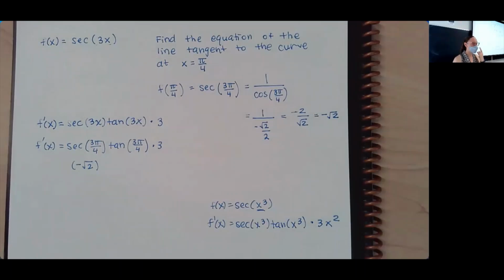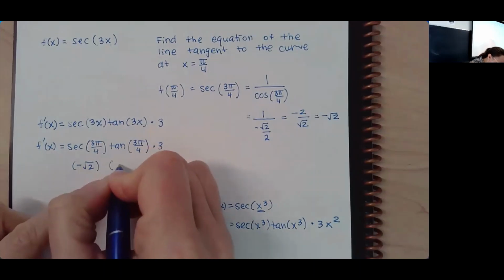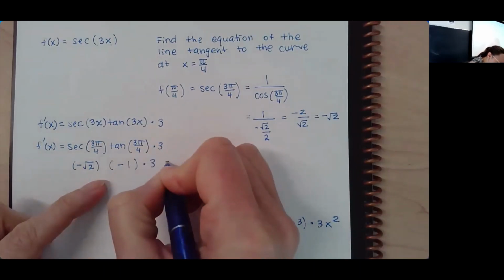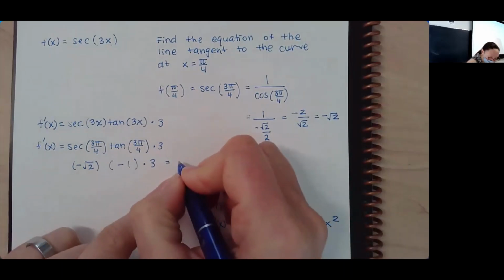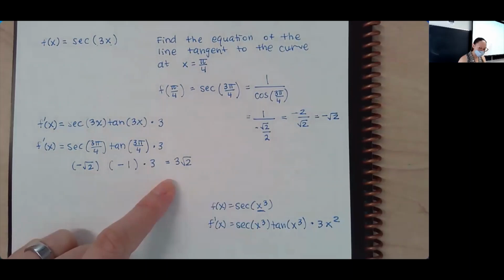And then again, we're in the second quadrant, which means tangent is negative. So I'd have negative square root of 2 times a negative 1 times 3. And I think that whole thing is going to work out to be a positive 3 square root of 2.